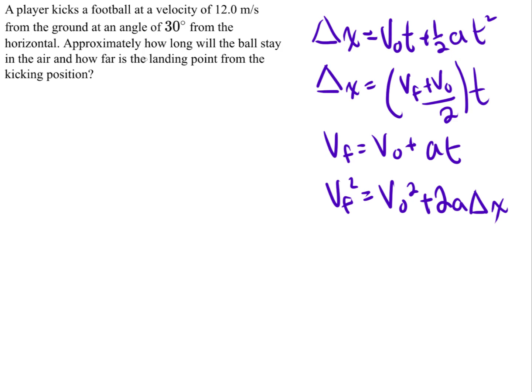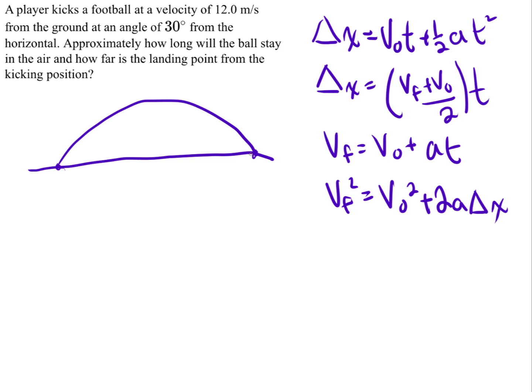Since this is like a symmetric projectile, its landing point is going to be at the same level as its starting point. So if I draw a line, pretend that's straight, in a symmetric projectile, its starting point is the same vertical position as the ending point.